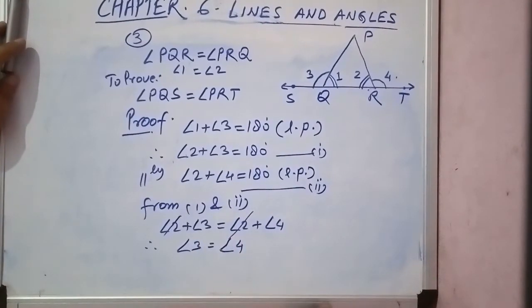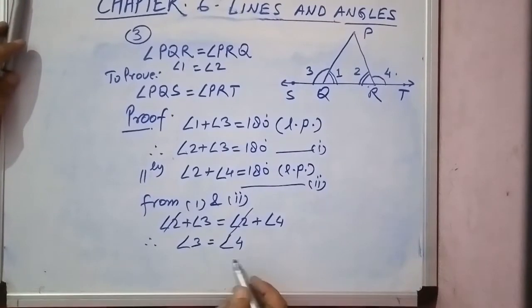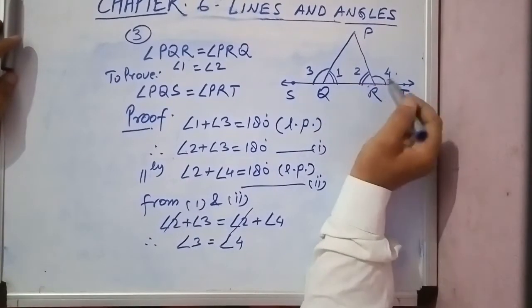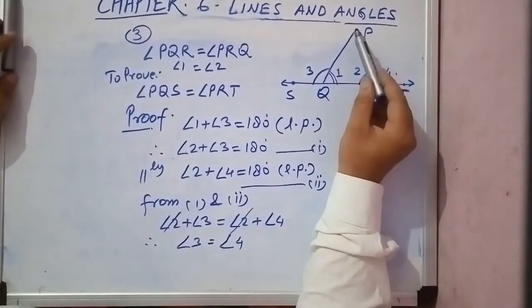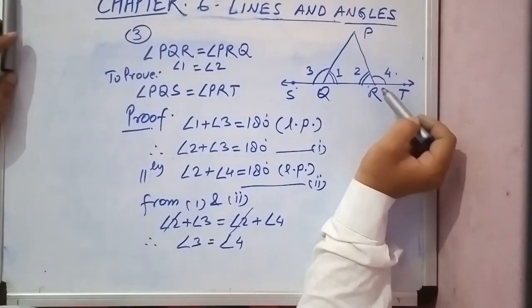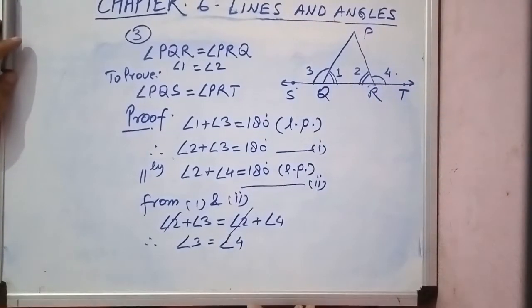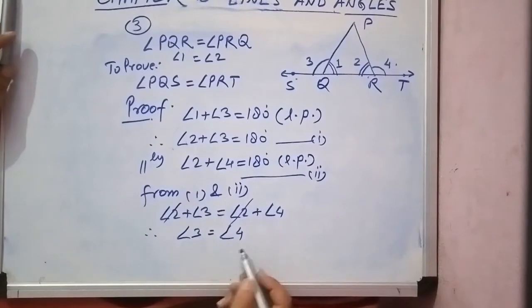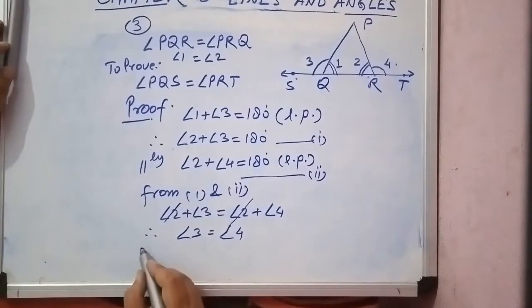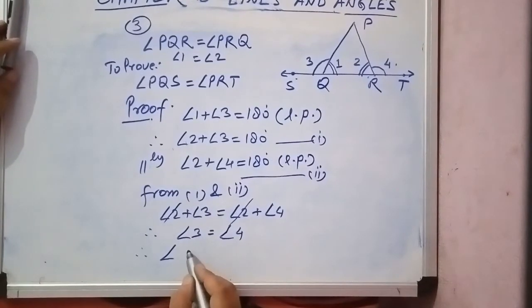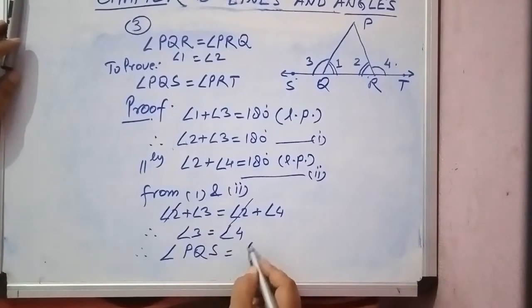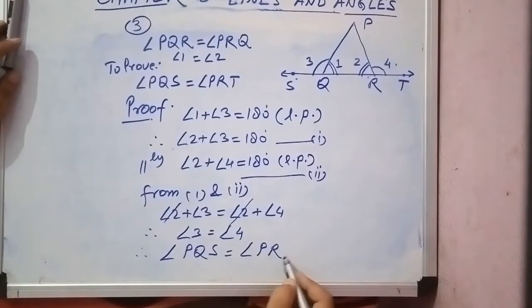Angle 3 equals angle 4, and angle 3 and angle 4 are represented as angle PQS and angle PRT. So angle PQS equals angle PRT.